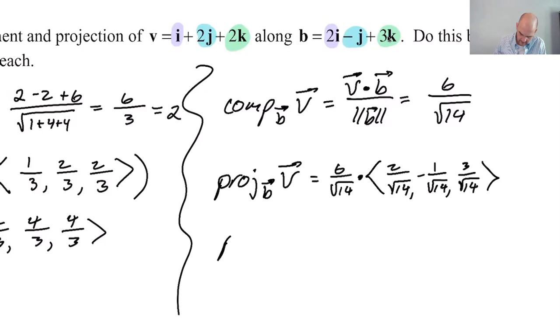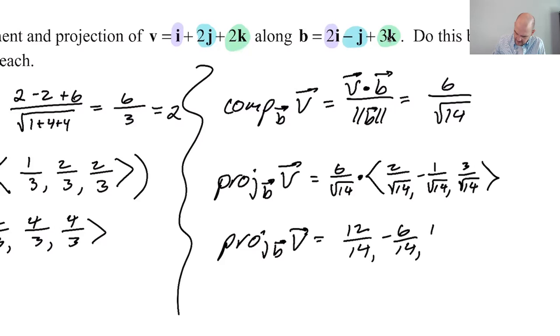So overall, we get the projection of V along B is 12 over 14, not going to simplify, -6 over 14, still not going to simplify, and 18 over 14. Maybe I should simplify that, but I'm not going to.